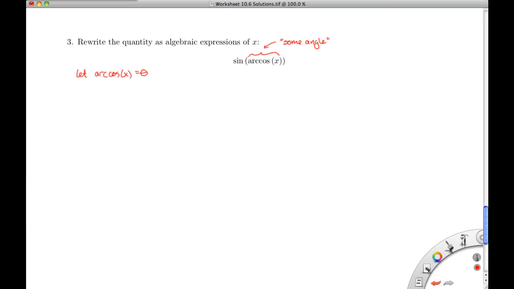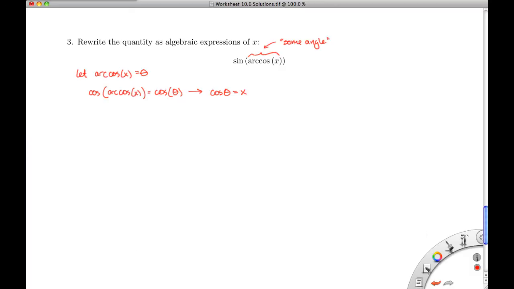So if we were to take the cosine of both sides here, we're going to take the cosine of the arc cosine of x, and then the cosine of theta. Well, taking the cosine of the arc cosine is composing a function with its inverse, which will undo each other. And what we'll be left with is that the cosine of theta will just be equal to x.